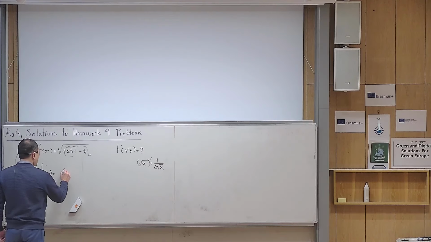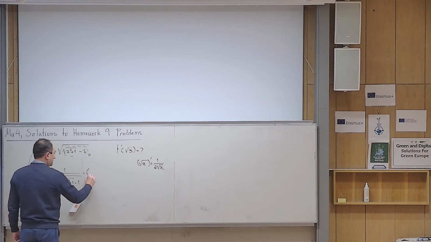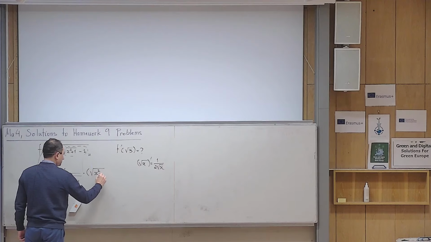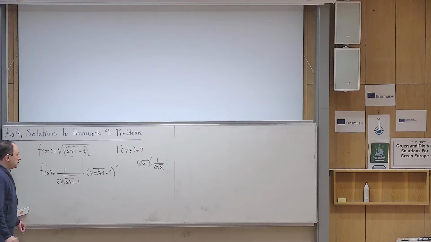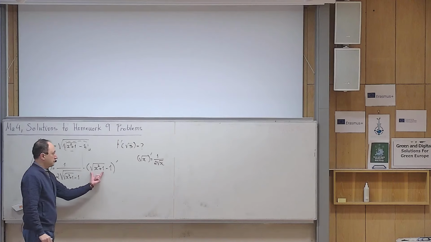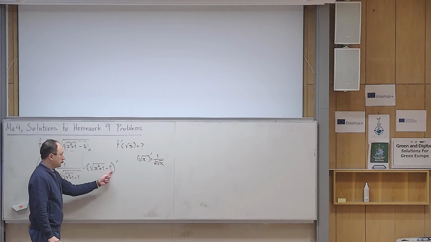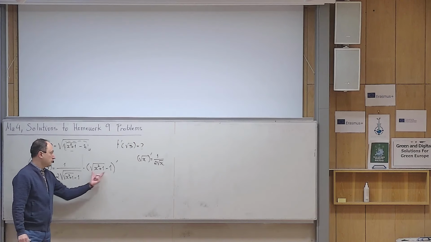So this becomes 1 over 2 square root of u, so I have to copy and paste everything here, but multiplied by the derivative of u. Yes? But the derivative of this is the difference rule. It becomes the derivative of this one minus the derivative of that one, but this one is constant, so its derivative is 0.